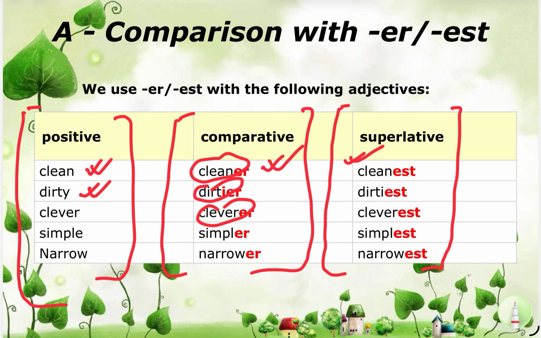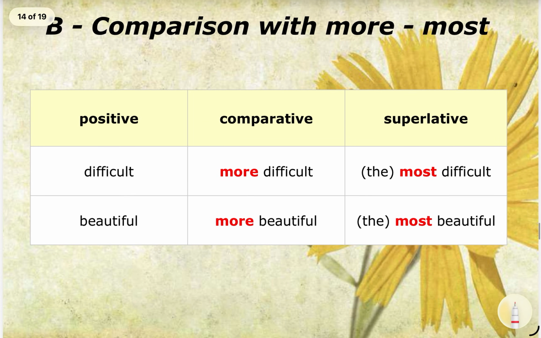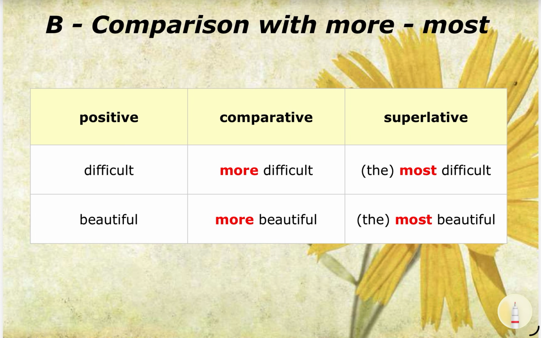And when, in our opinion, something is the best, has such a quality that can never be beaten, then it is superlative. Sometimes we use the words more and most to change the degree of that adjective. For example, difficult, more difficult, most difficult. Beautiful, more beautiful, most beautiful. These are all adjectives.